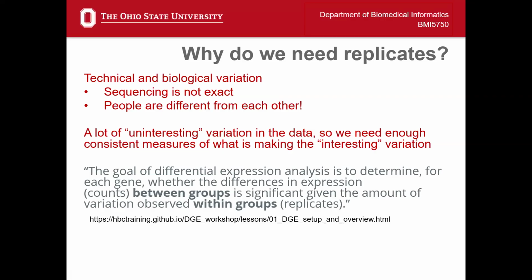Now, another thing we need to be aware of when having this RNA sequencing data, you should be thinking about this when you're planning your project, is how many replicates do you need? We need technical replicates sometimes, but we need biological replicates all the time because people are different from each other. If you're doing a human disease project, you're probably going to be taking samples from human tissue.